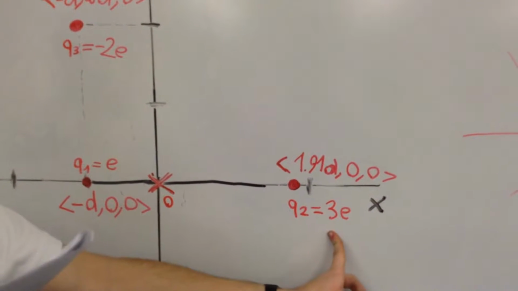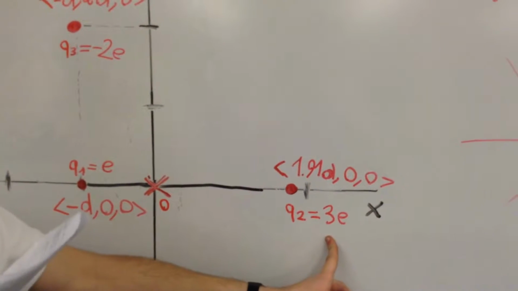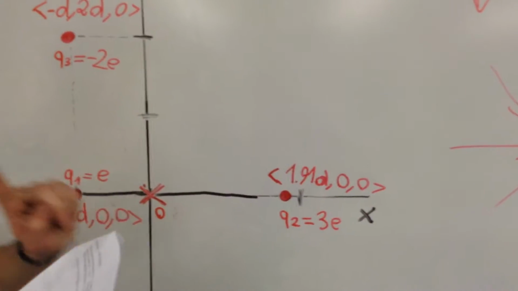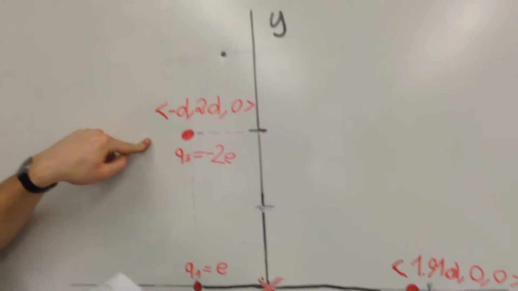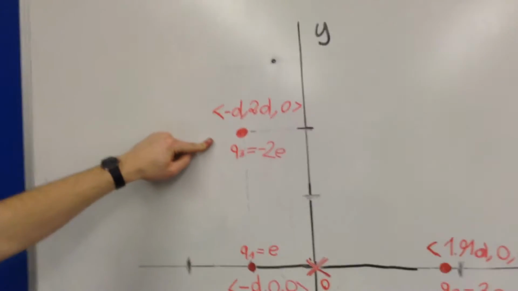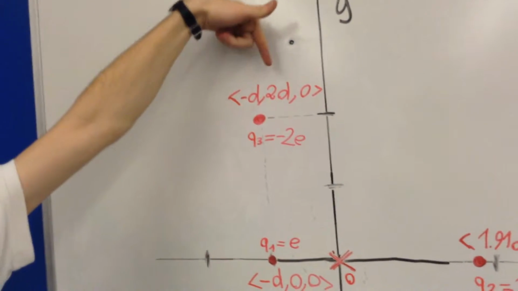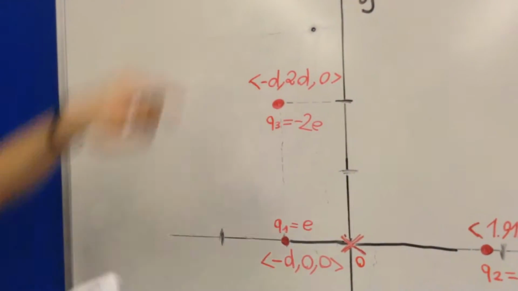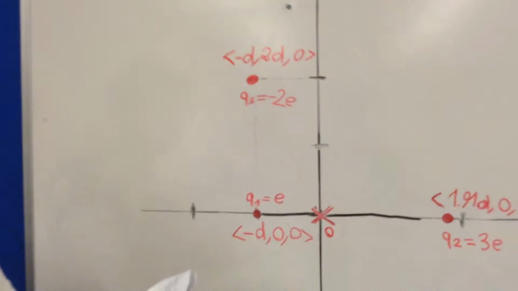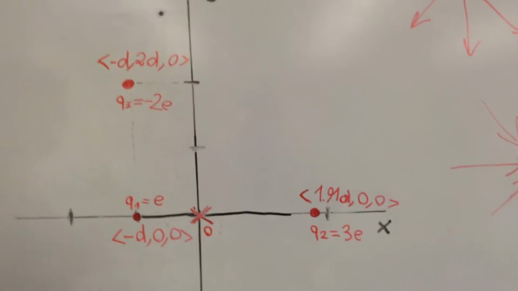It is located at 1.91D, 0, 0. The third particle is equal to minus 2E, and it is located at minus D, 2D, 0. Note that E is the charge of the proton, and D is a positive distance.